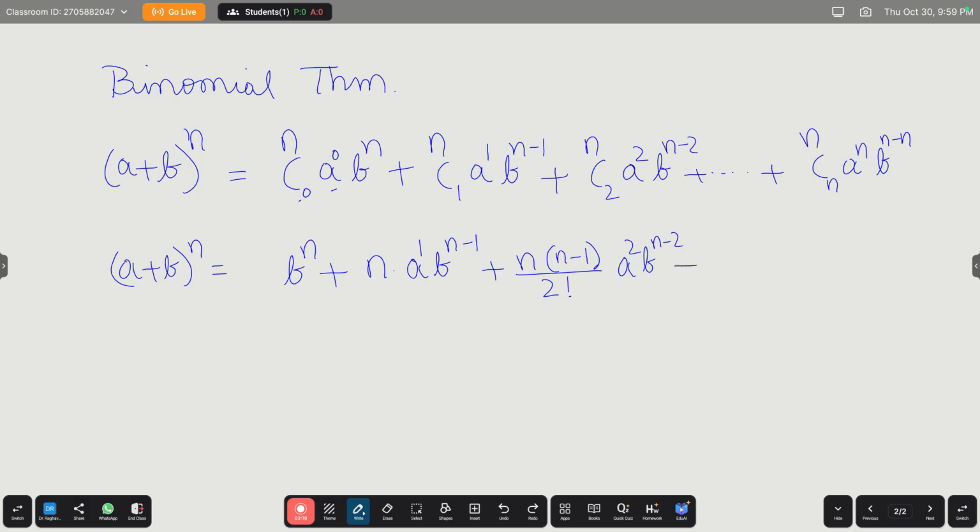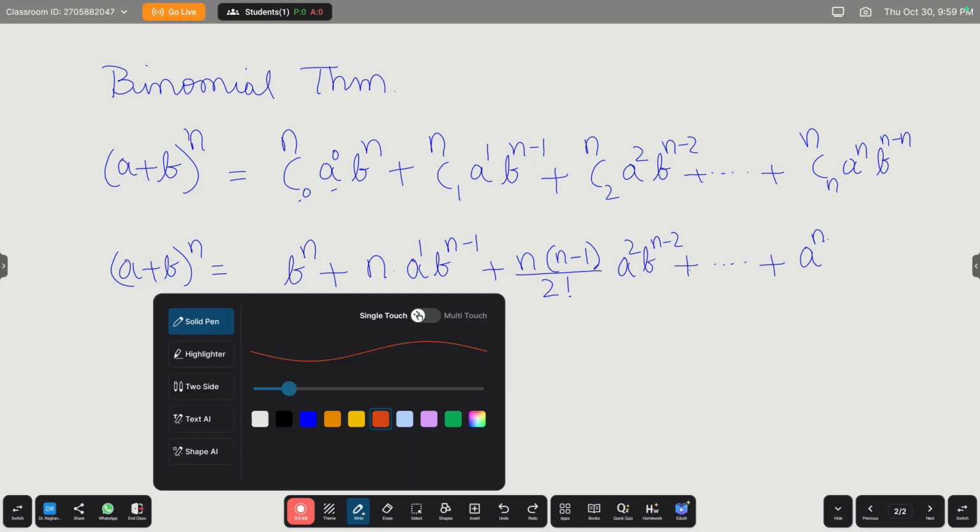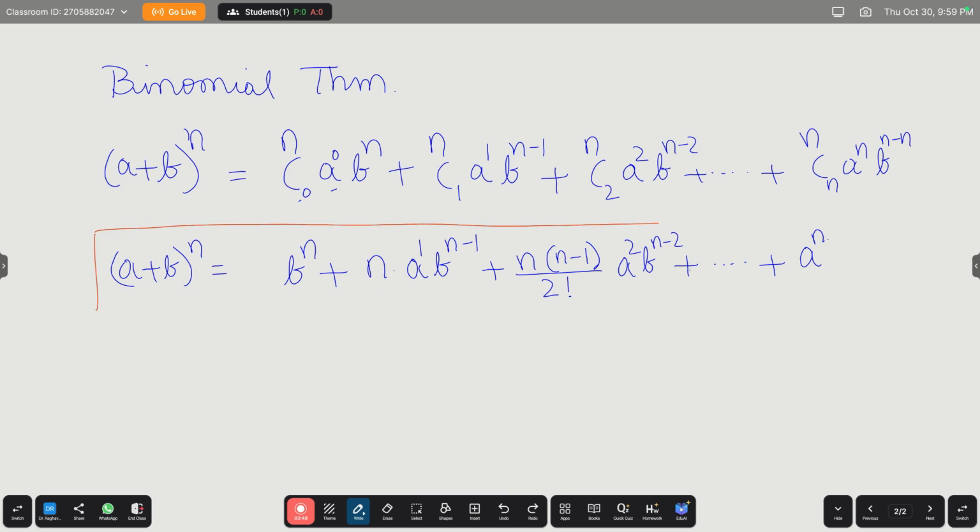The next term is nC3, which is n into n minus 1 into n minus 2 divided by 3 factorial, multiplied by a power 3 into b power n minus 3, and so on. The last term nCn is 1 for any n, with a power n and b power n minus n, which is b power 0, also 1. So this is the expansion of (a plus b) whole power n.